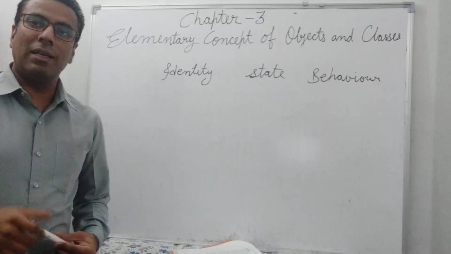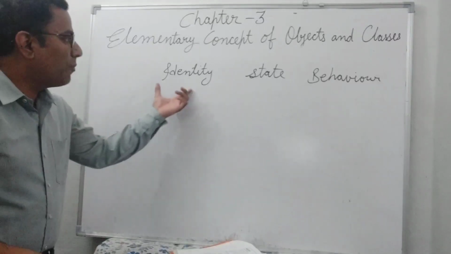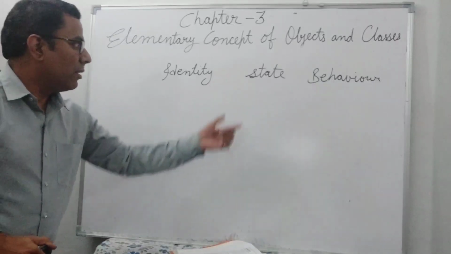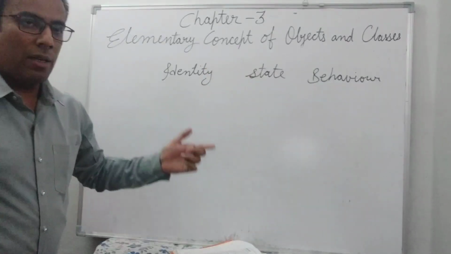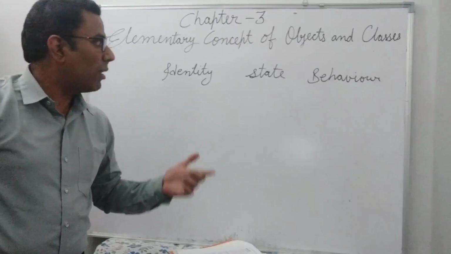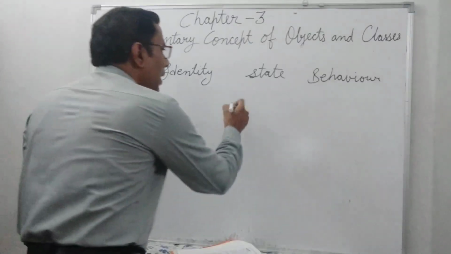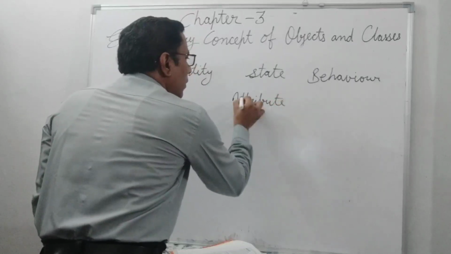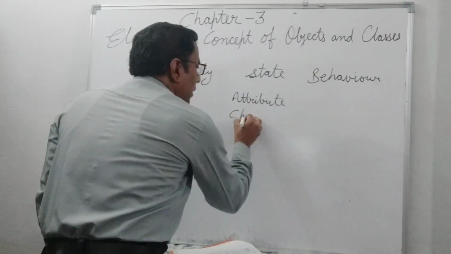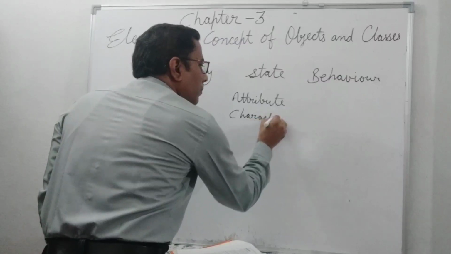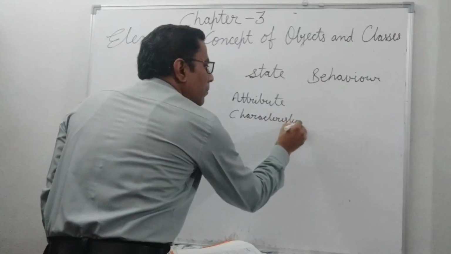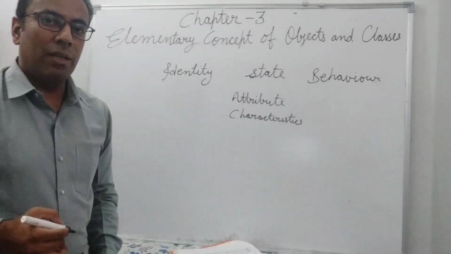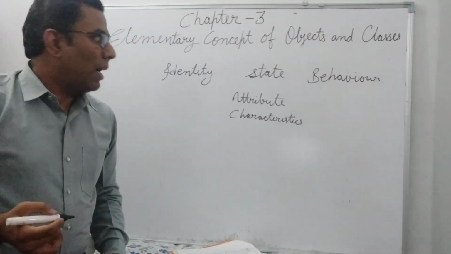Identity means the object's name, the name of the object. State is represented by attributes or characteristics. And behavior is represented by methods.